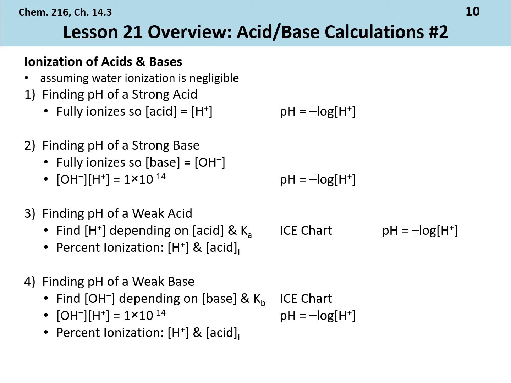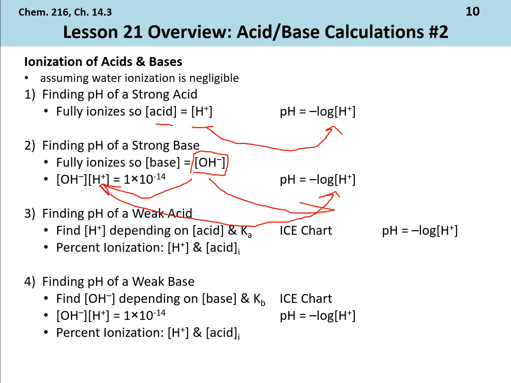All right, so let's go ahead and let's just review. For lesson number 20 and 21, we went over strong acids and strong and weak acids, strong and weak bases, okay? If I have a strong acid, I can just assume it fully dissociates, find that H+, and find pH. If I have a strong base, it fully dissociates, so I can figure out my OH-, plug that in to get H+, and then plug that in to get my pH.